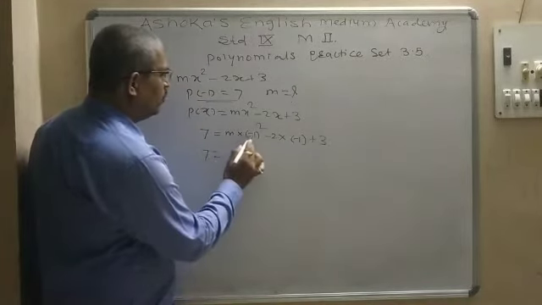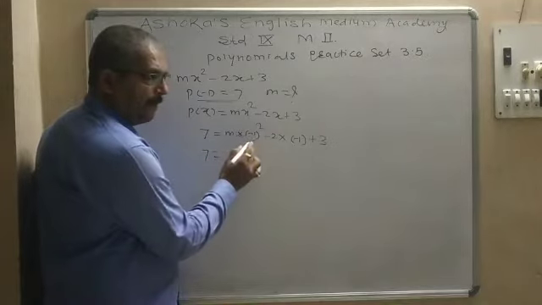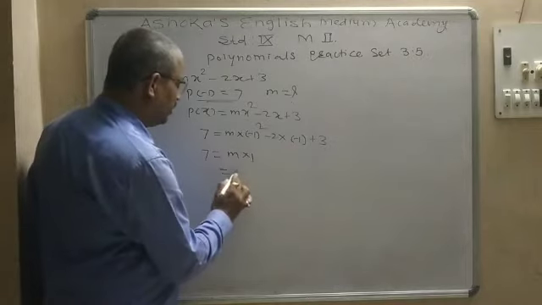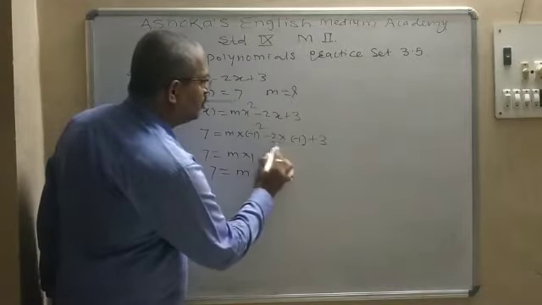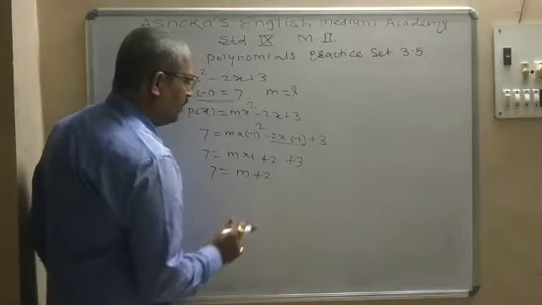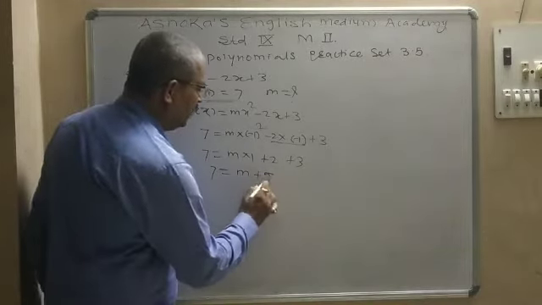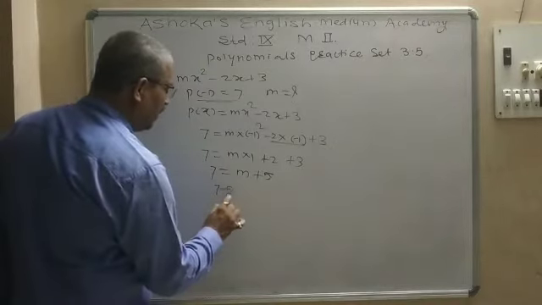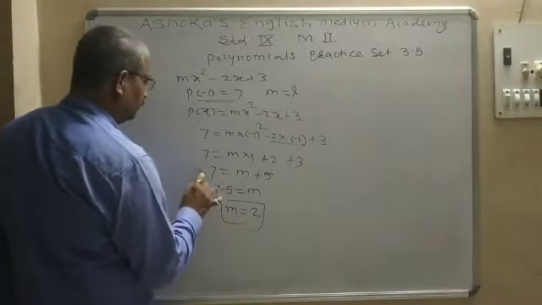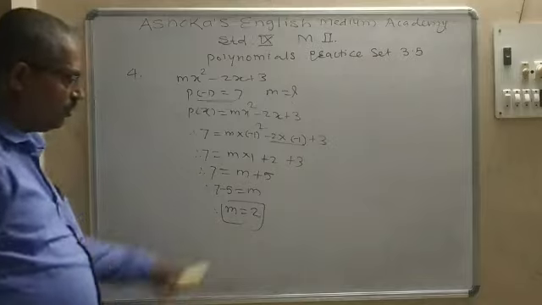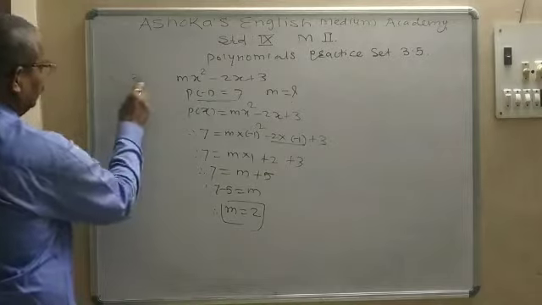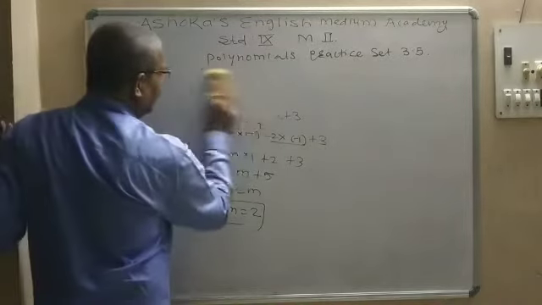Then 7 is equal to m into 1 raised to 2. 1 square is positive. m into 1 means you will get only m. Here minus 2 into minus 1 means positive 2, plus 3, what is the answer? 2 plus 3, 5. Now 7 minus 5 is equal to m. m is equal to 2. Understand? Now next question number 5. Be ready? Question number 5.